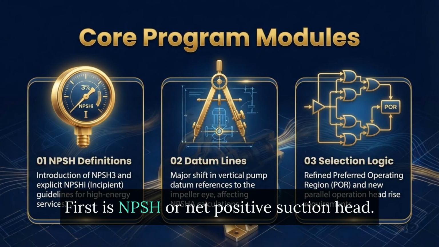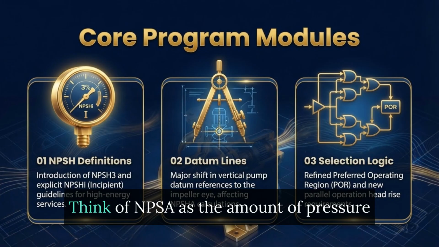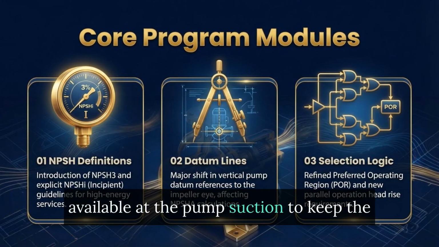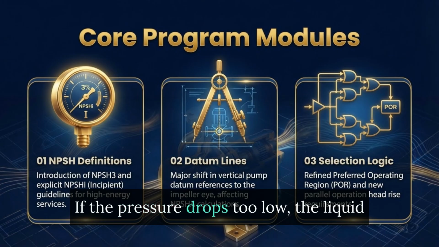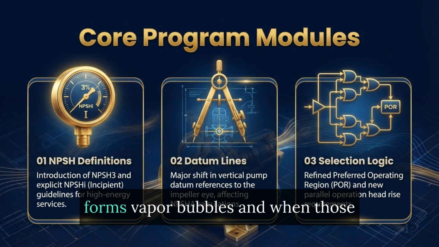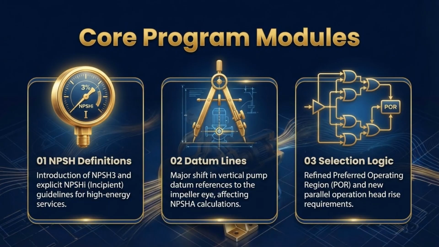First is NPSH, or net positive suction head. Think of NPSH as the amount of pressure available at the pump suction to keep the liquid from boiling. If the pressure drops too low, the liquid forms vapor bubbles, and when those bubbles collapse inside the pump, they create cavitation.